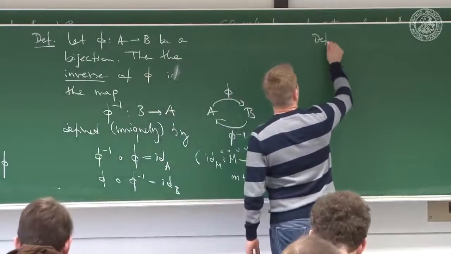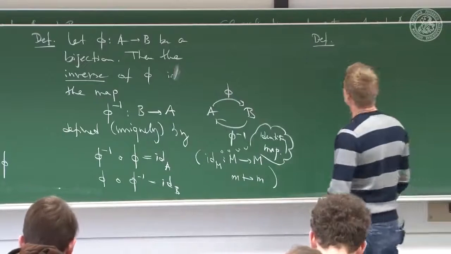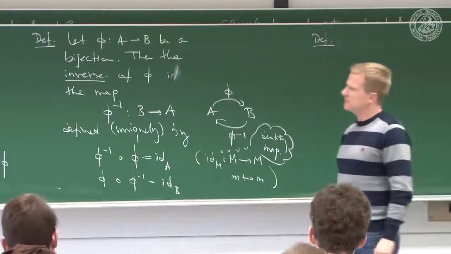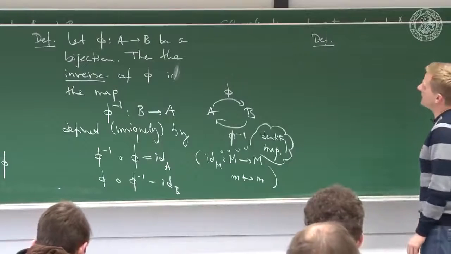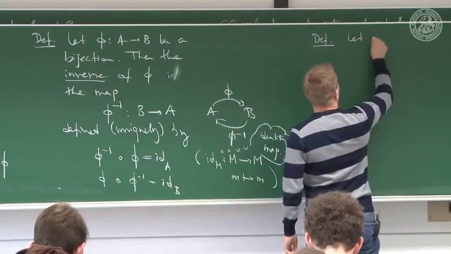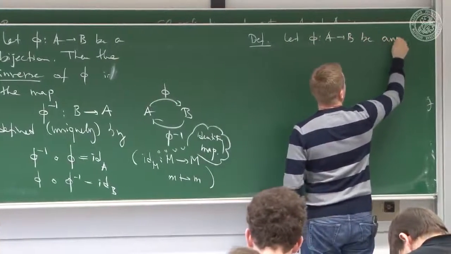Now, however, another notion which we're going to meet in topology particularly is the notion of a pre-image, and the pre-image is kind of something like the image of the inverse, but actually the map you look at doesn't need to be a bijection, it can be any map. So let phi from A to B be any map.